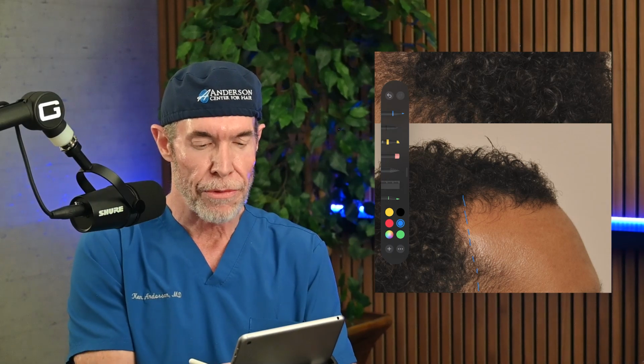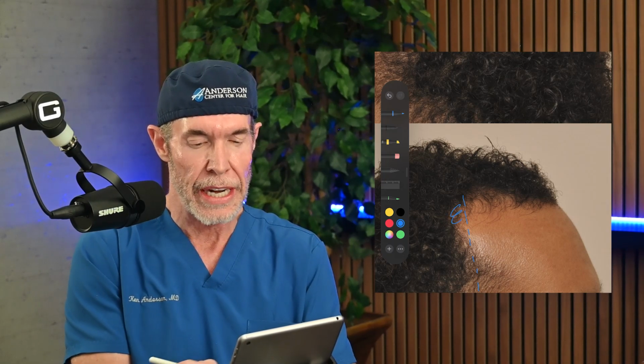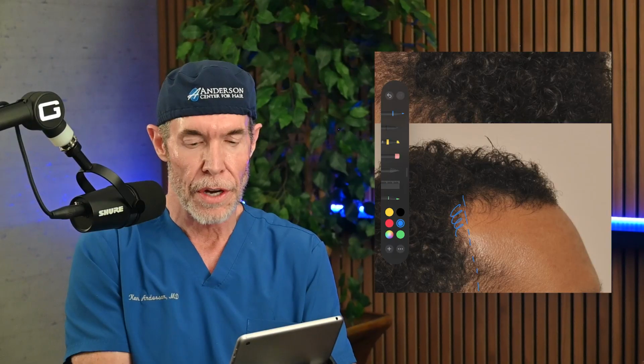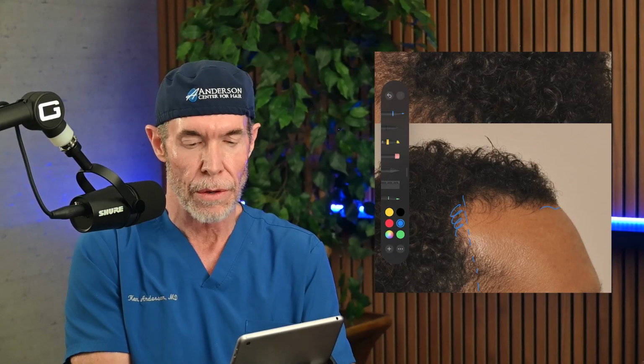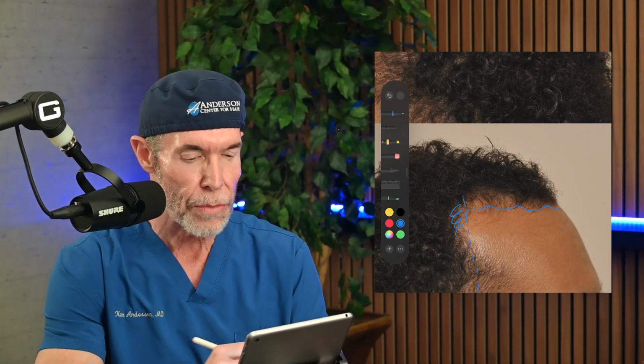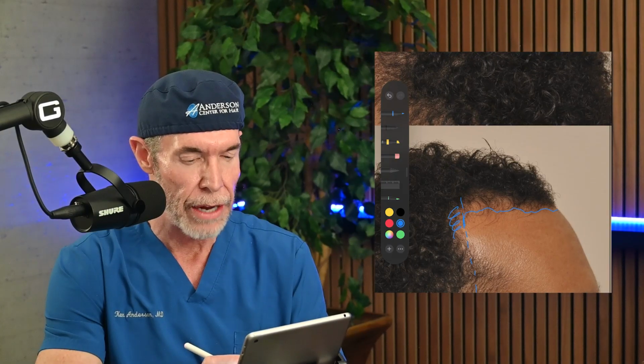And so we'd want to fill in all this area through here. So I would start just about there, bring it in through here, nice and irregular, and then kind of curve that down, bring it in down through here.